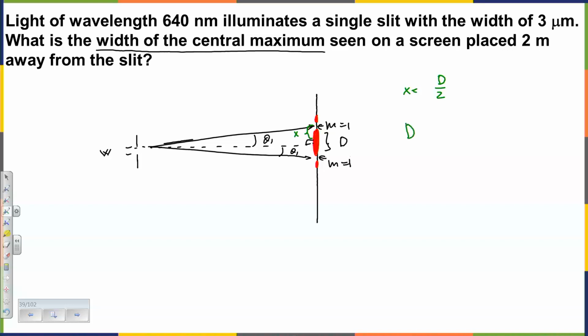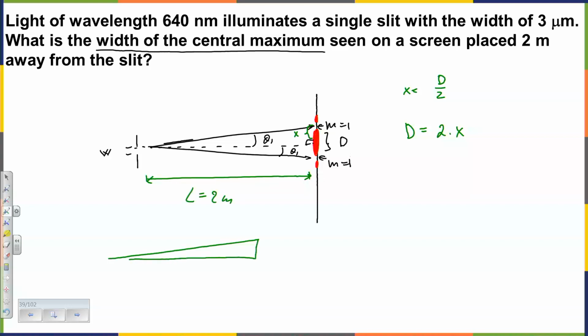So basically that's what we need to do, 2 times x. How do we find x? Well, we have a triangle. This distance is equal to 2 meters. So we have a very long right angle triangle, theta 1, L, x.